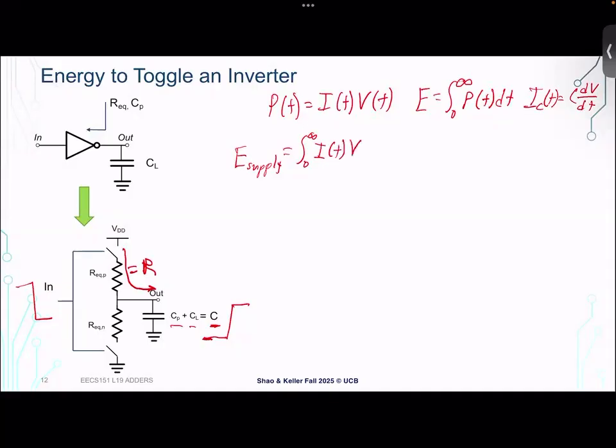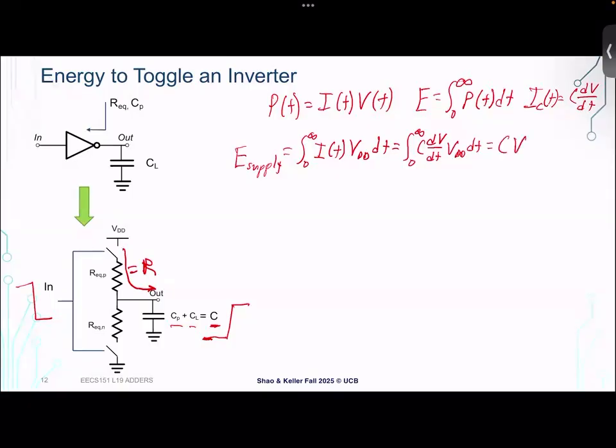And power is voltage times current. We know the voltage is VDD. We can rewrite this using the capacitor IV relation and pull out the constants.